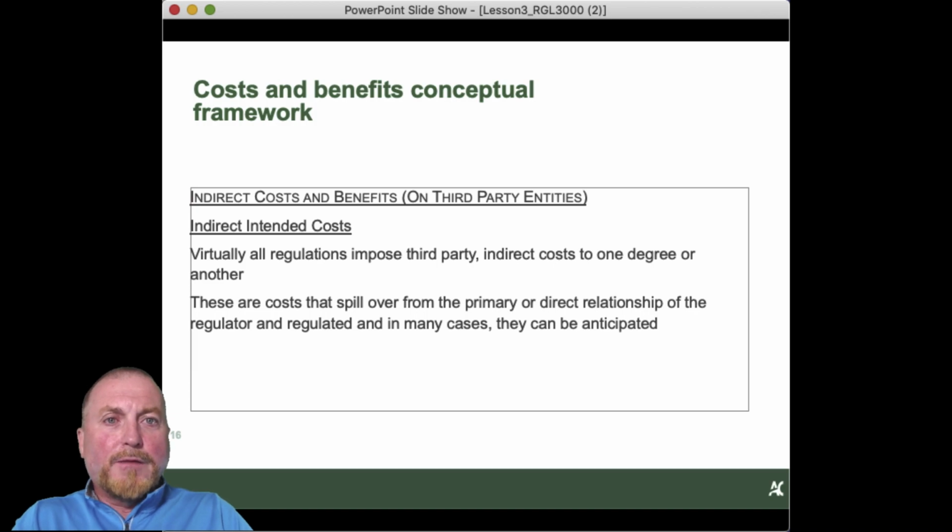For example, if we start charging more for gasoline, right, we're regulating the gasoline providers, we're taxing them a lot higher at the pump. But what impact are we really having? Well, we're encouraging third parties, the users of gasoline, to use it more sparingly. We're encouraging auto manufacturers to produce more fuel-efficient cars because people don't want to spend $150 filling up their tank at the pump. They'd sooner spend $60.